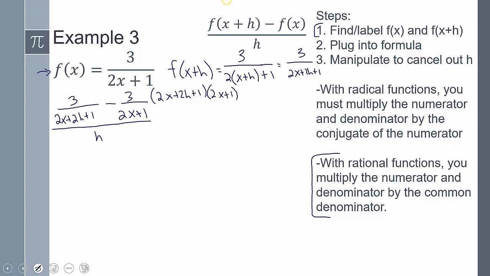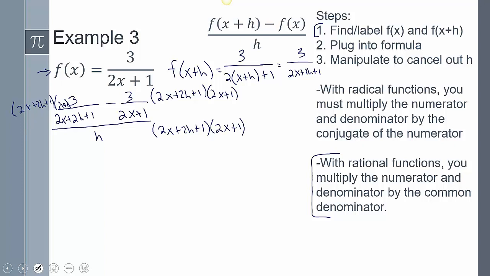Now I'm multiplying the top and bottom by that common denominator. So there's the numerator, and now I'm going to multiply the denominator by it. So 2x plus 2h plus 1, and then 2x plus 1. So I'm multiplying both of those by that.